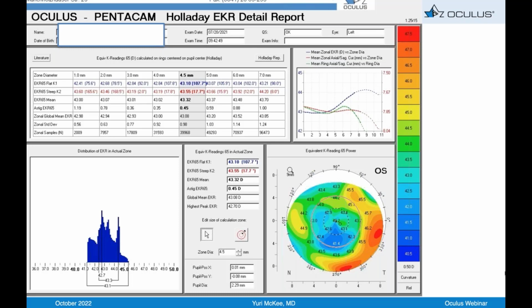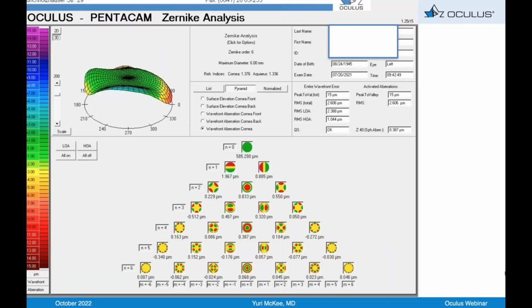And if we look at the higher order aberration here, this is an interesting look. Look at the upper left-hand corner, the three-dimensional wavefront aberration total. There are these peaks and valleys that are perpendicular to each other that look like a mixed astigmatism LASIK profile. So this patient may have had mixed astigmatism, but then look at the coma.